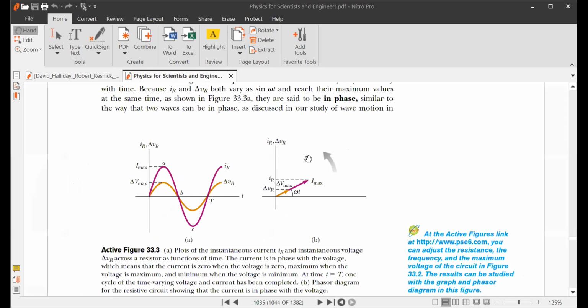Okay, so they have the same phase, so they are said to be in phase.